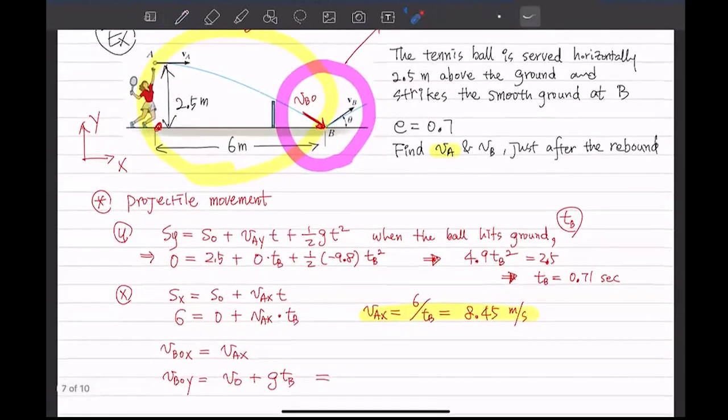There's no initial velocity along the vertical direction, along the y direction. So 0 plus minus 9.8 times TB, which is 0.71. And that is going to give us something like -7 meter per second. And this is 8.45 meter per second.